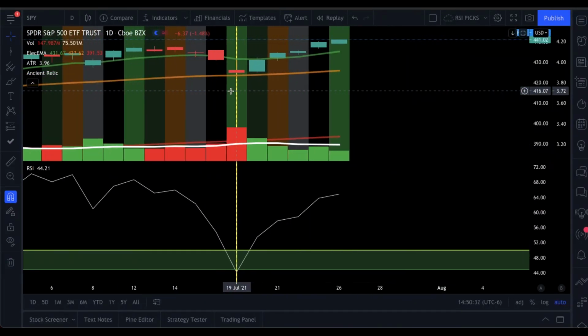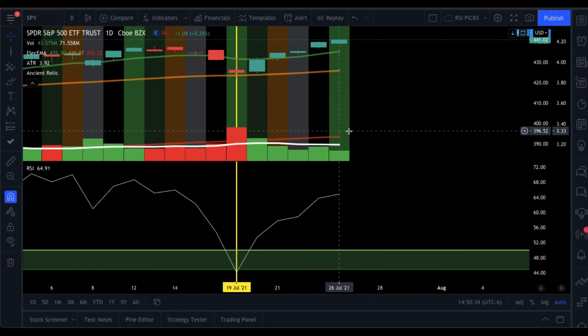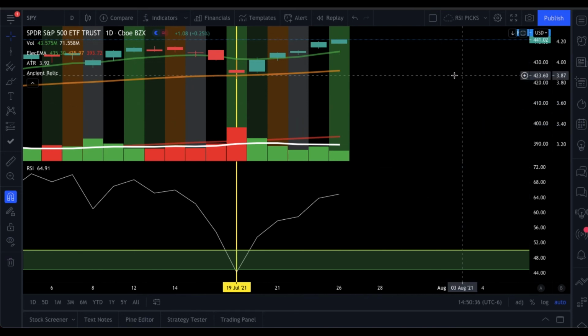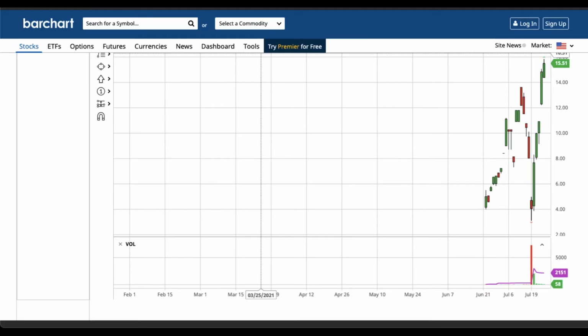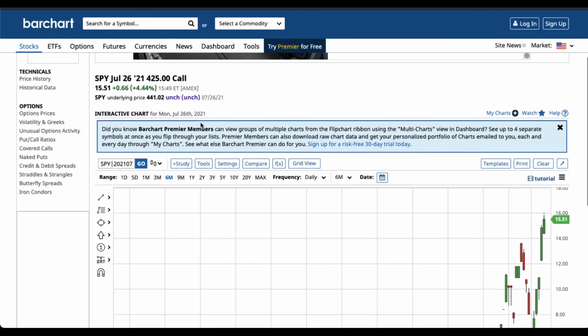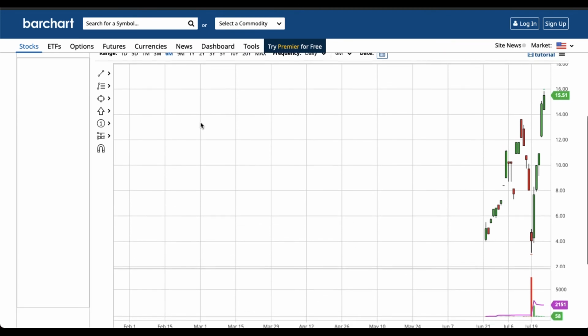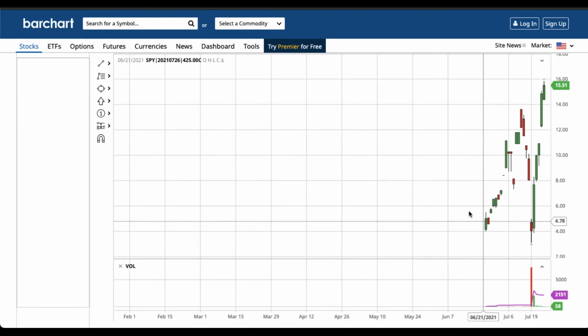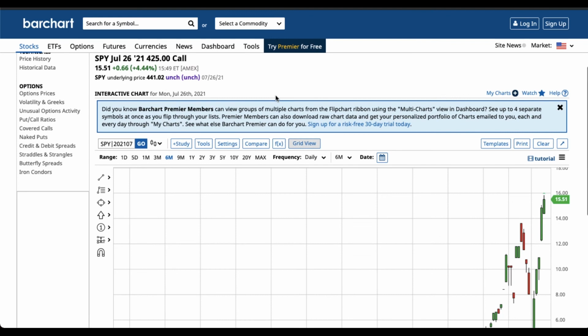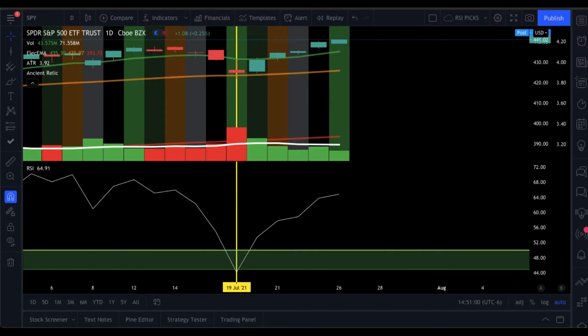Now, do you think anybody else knows about this? Well, let's have a look at this. Going to bring up, if you know the website, it is barchart.com, and these are SPY call charts. So you can see how much this is. SPY call at 425. So we go back to our SPY here.